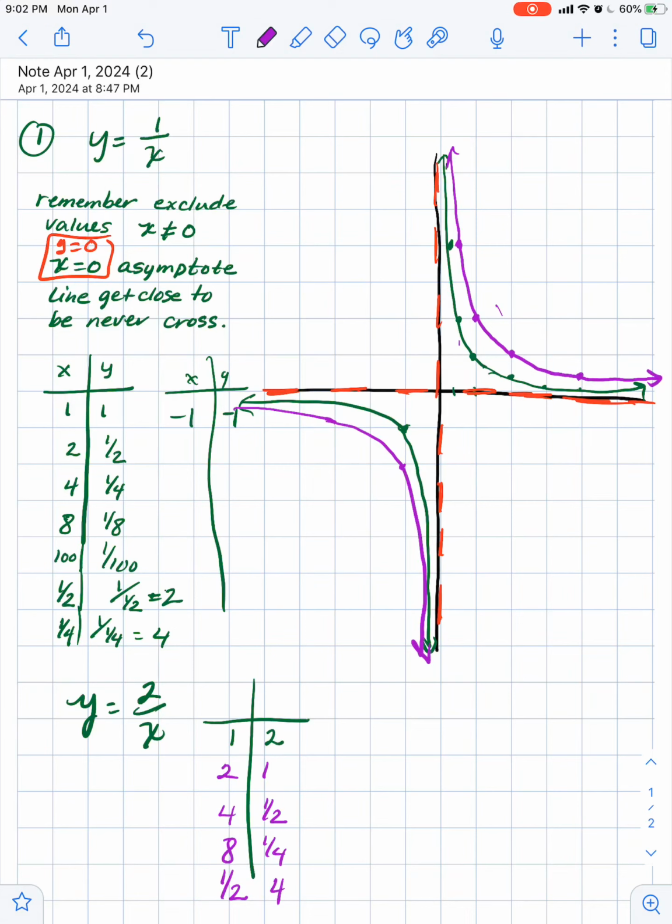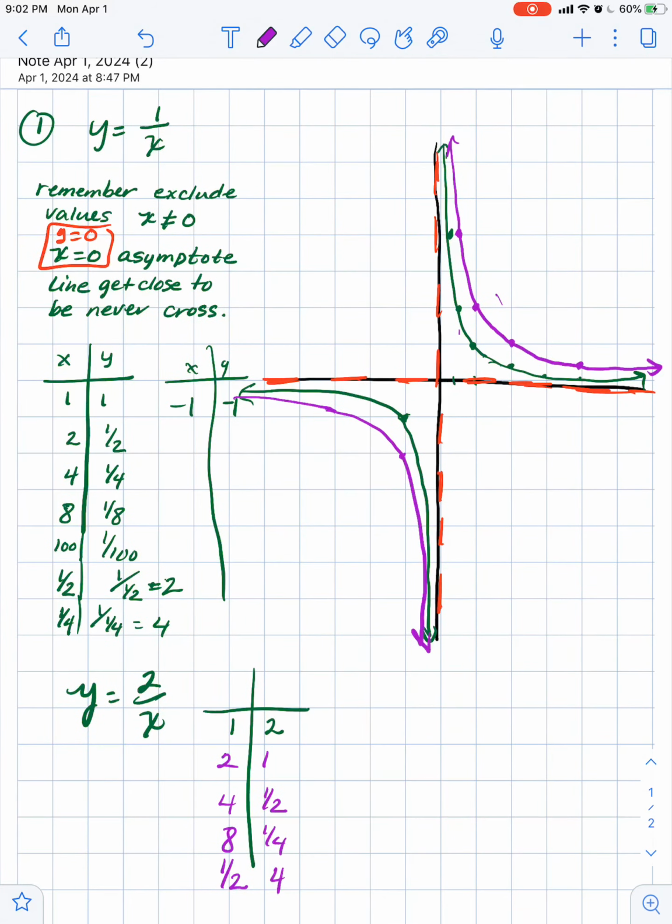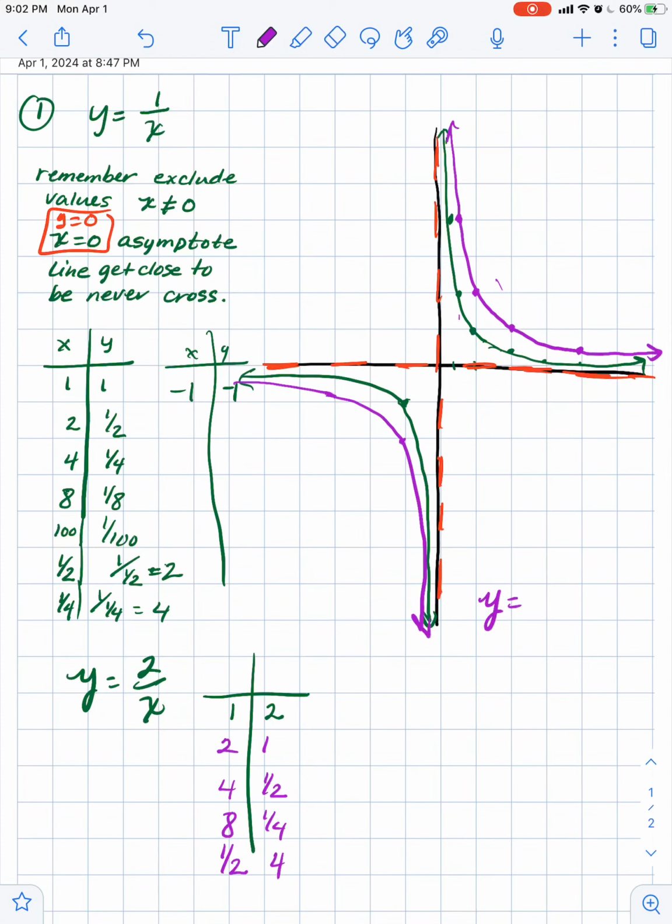So all of them, let me just make a little note down here. If you have y equals k over x, meaning any number over x, then we have our asymptotes, x equals 0 and y equals 0. That's always going to be true.